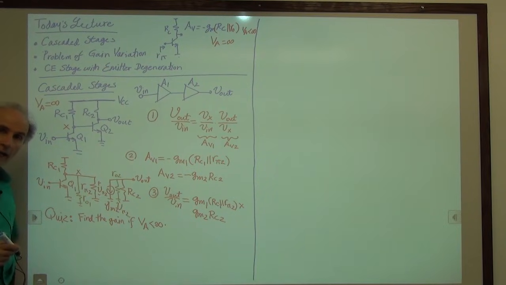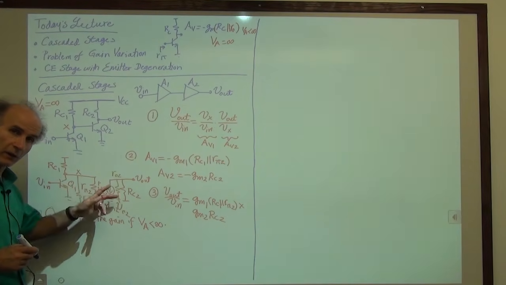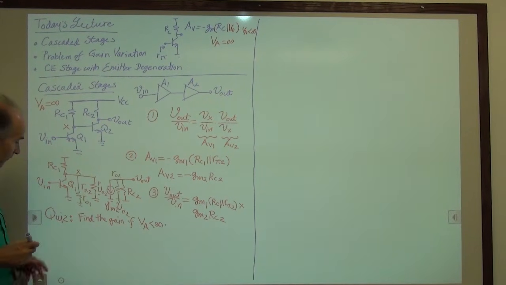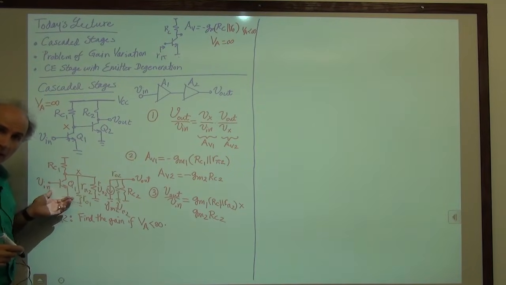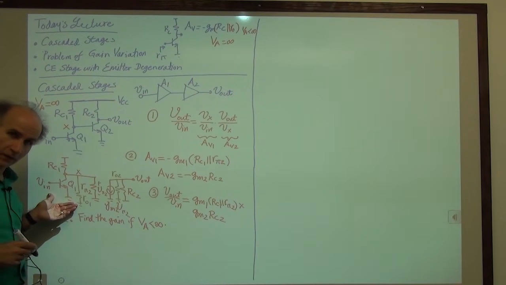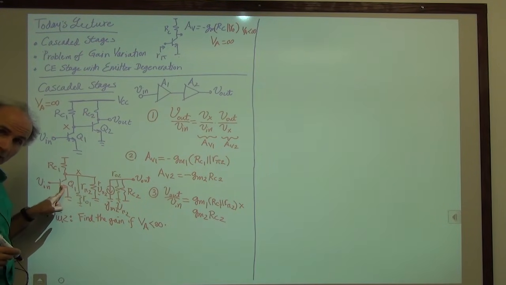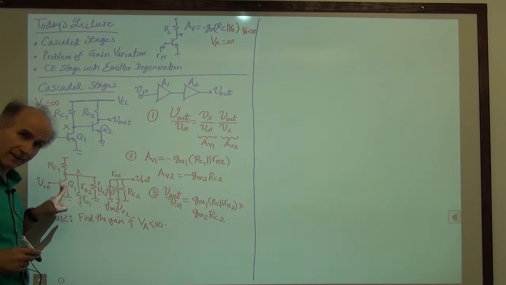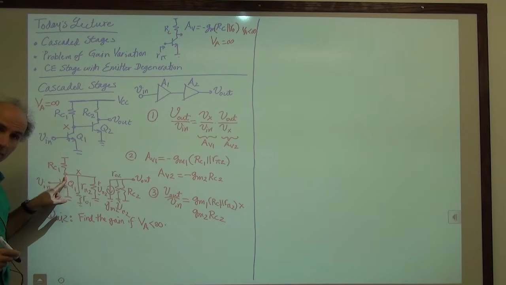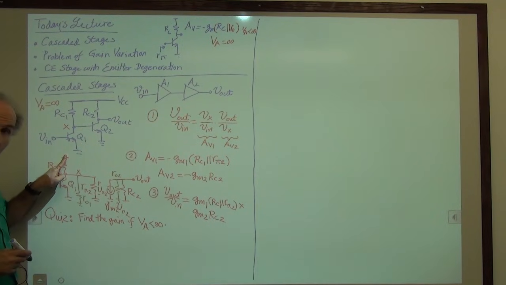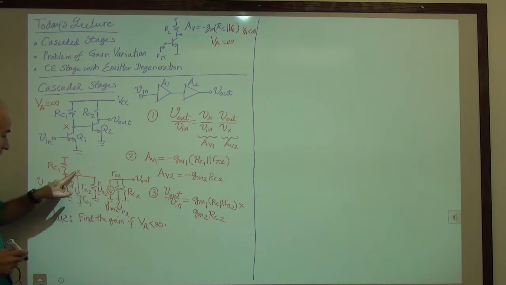Okay, so let's see how our equations have to be revised now that these ROs are included. For the first stage, we use our general mantra. We said the voltage gain of a common emitter stage is equal to minus GM of the amplifying device times the total resistance tied between the collector and AC ground. Now we have RC1 in parallel with R pi 2 in parallel with RO1.